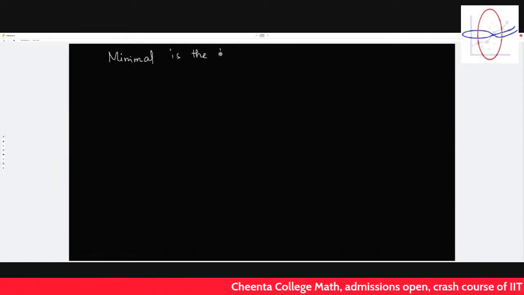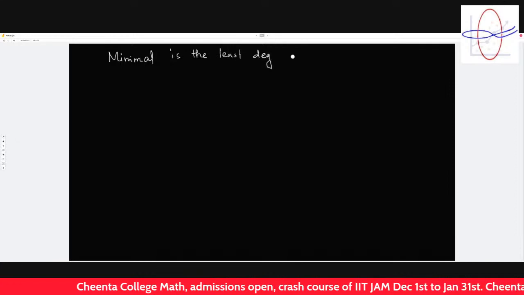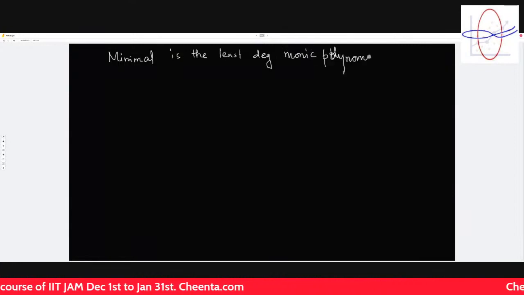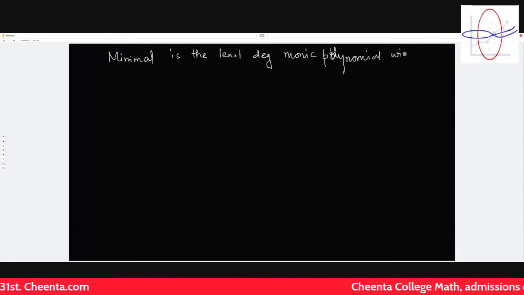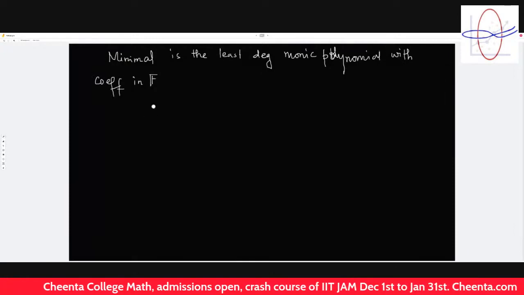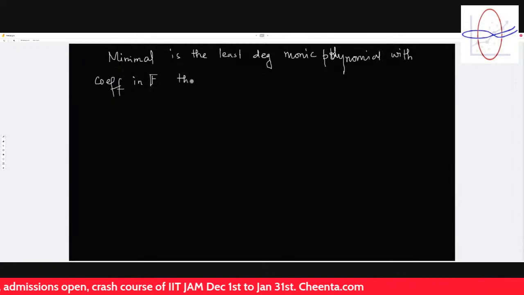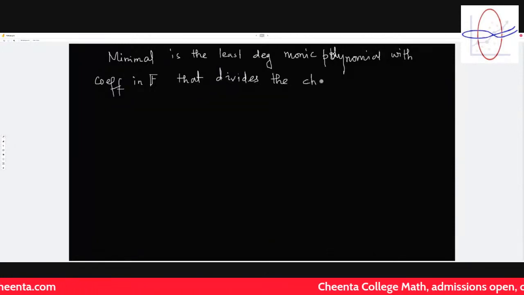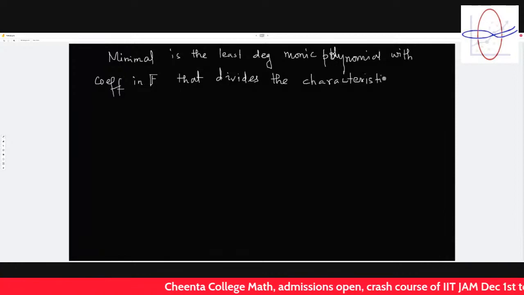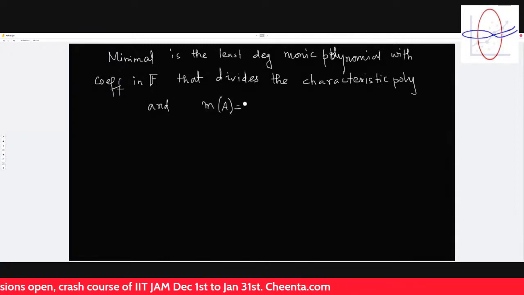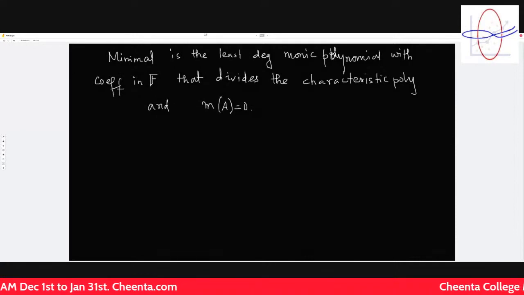The minimal polynomial is the least degree monic polynomial with coefficients in F, where F is the field over which your vector space is defined, that divides the characteristic polynomial, and m of A is always 0. So this is the definition of a minimal polynomial.